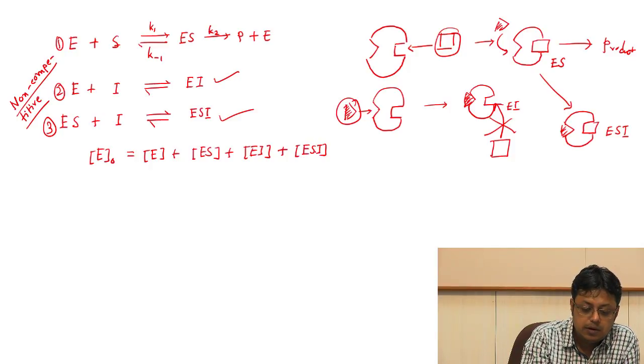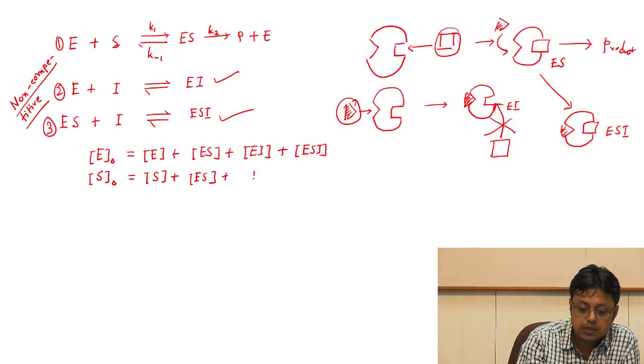And similarly your S0 will be free substrate at any time plus some enzyme substrate complex. Some of the substrate has been converted to product, and plus you'll have also the ESI complex.